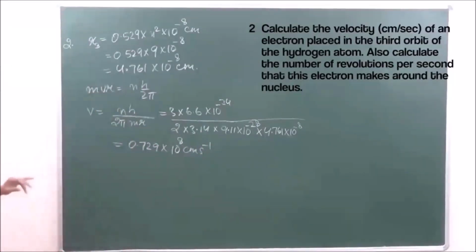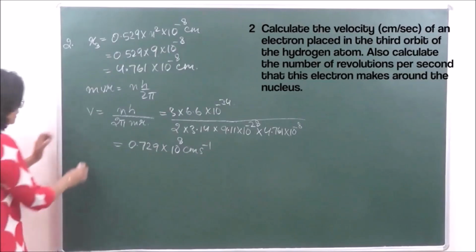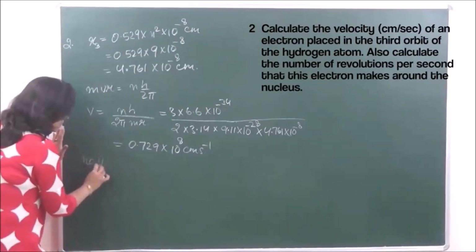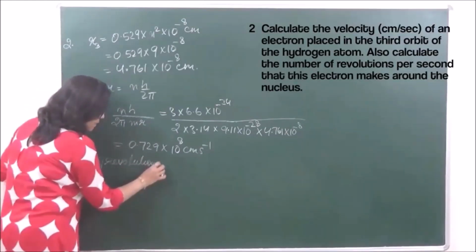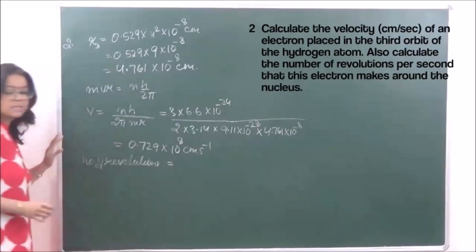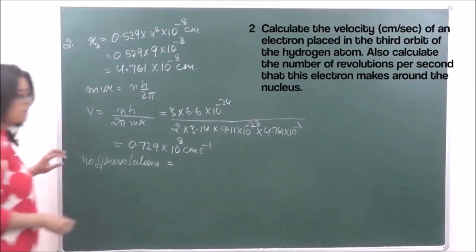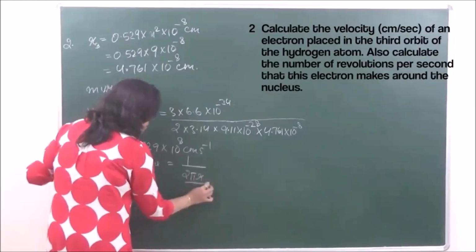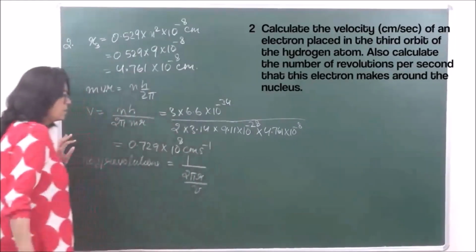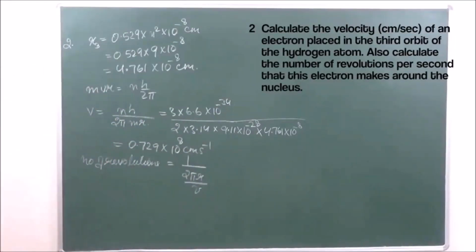This is velocity. Then the third part of the question is we have to calculate number of revolutions per second. So the formula for that would be number of revolutions per second, that is given by 1 upon 2 pi r upon velocity.